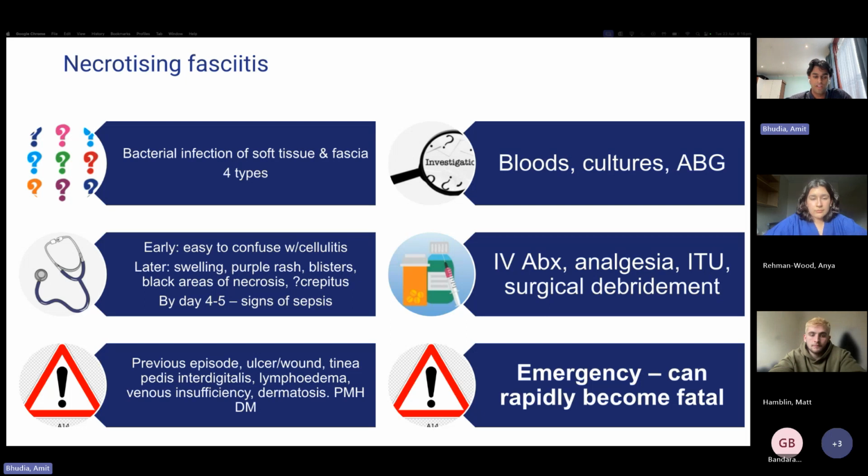And then by sort of day 4 or 5, they'll become seriously unwell and have become septic, basically.